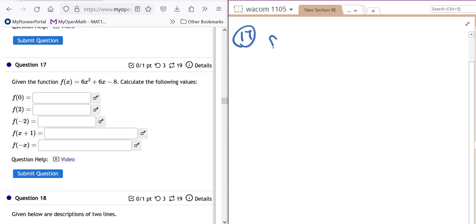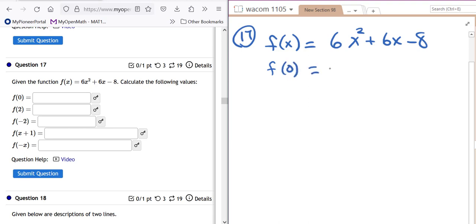To evaluate, whether it's function notation or whether it's just a polynomial, you just substitute, right? So this one we're given a function. In this case, it is a polynomial: 6x squared plus 6x minus 8. And they want us to find f of 0. That means substitute 0 for all your x's.